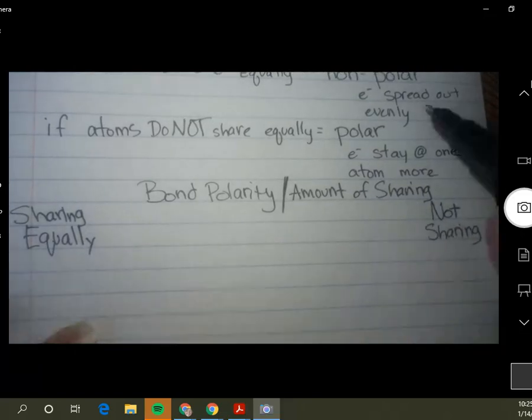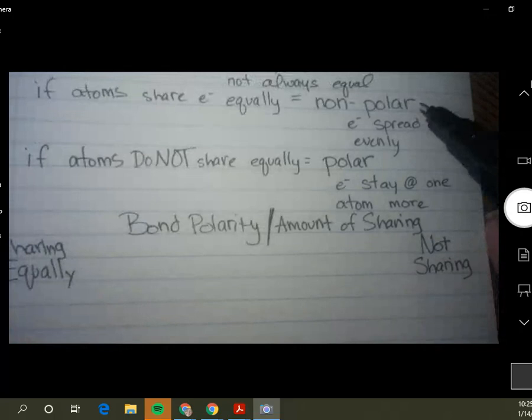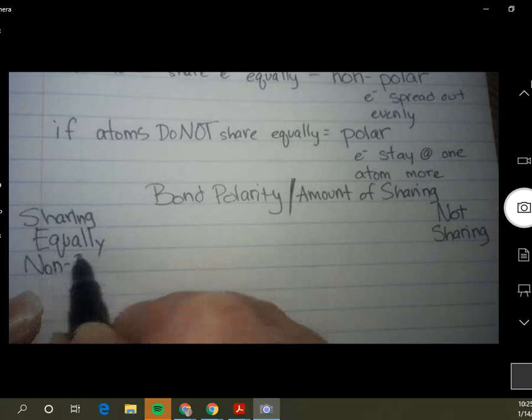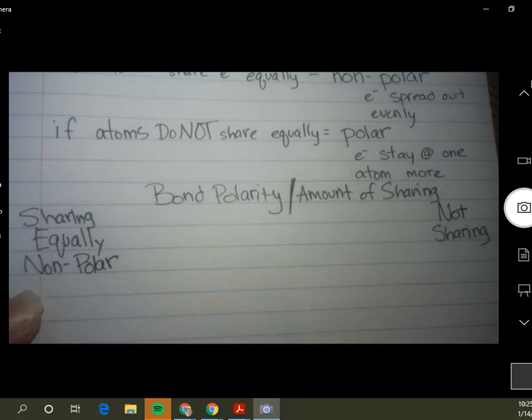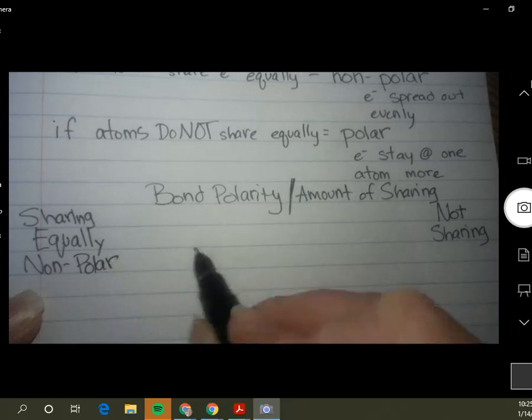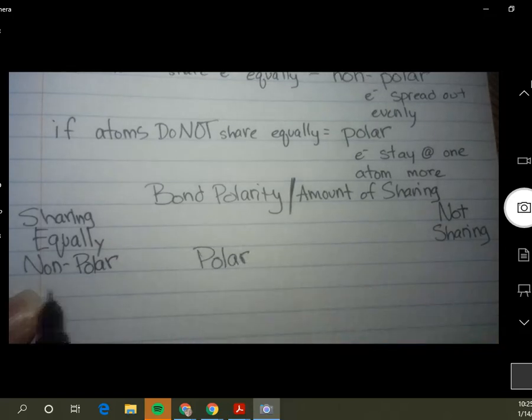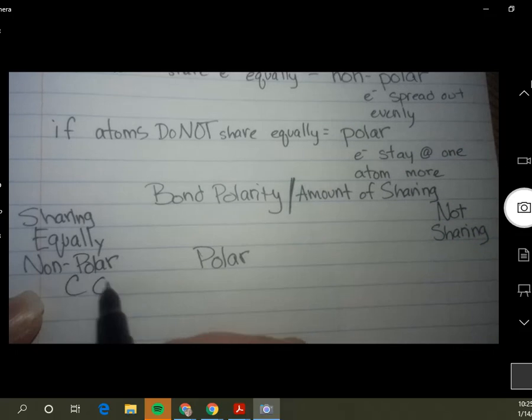So what did we call up here? Sharing equally was nonpolar. So let's put our label on our range, and then we'll add some numbers. Nonpolar. Polar's somewhere in the middle here. And these are both covalent bonds.